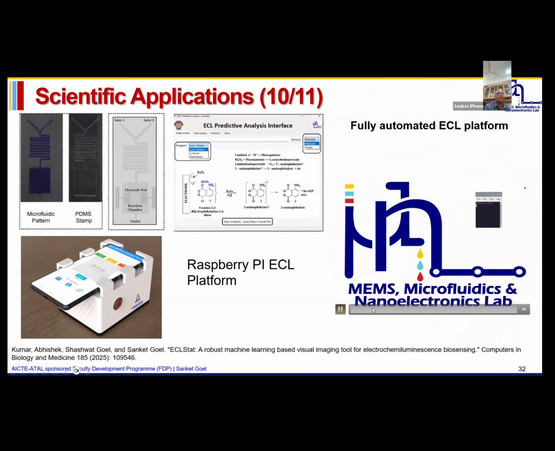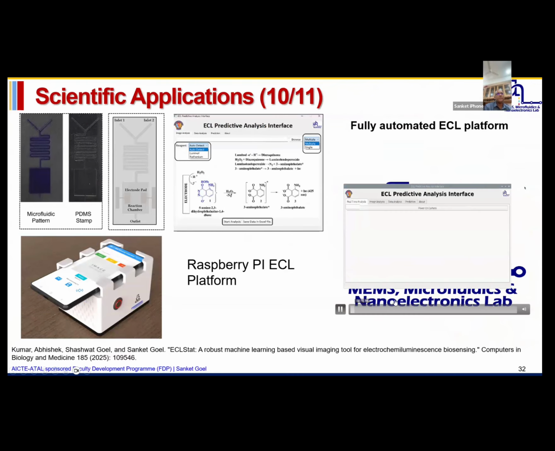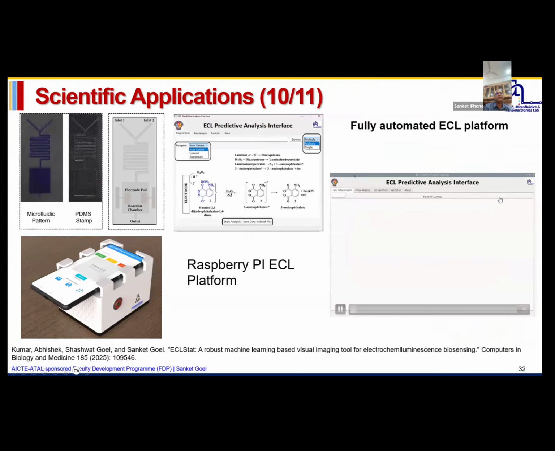I'll show you a quick video of how the entire process works. You can see that this is the graphical user interface which has been developed by our students, using a microfluidic device which can be used for electrochemical analysis. So we can generate the data, we can upload the data, and we can use it for image analysis.